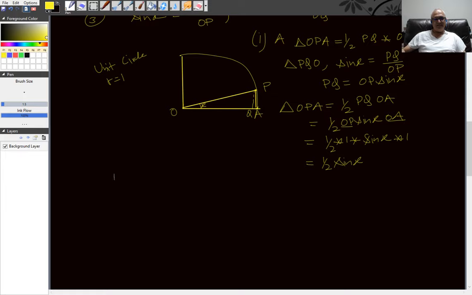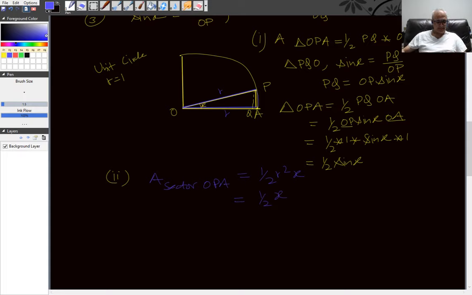Now we look at the sector OPA. The sector OPA, I'm drawing in blue, is this. So the area of the sector OPA is half, this is the radius, r square x, and because r is 1, it's a unit circle, it is half x.